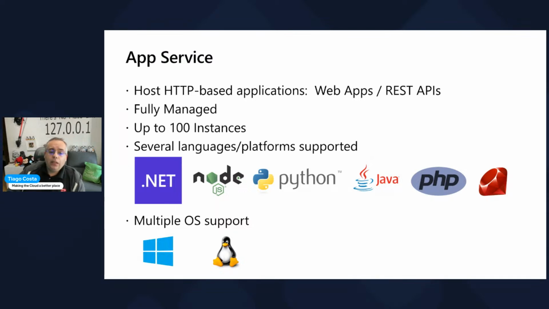So this is not something that Microsoft built only to run .NET. No, if you have Node, it runs Python, it runs Java, PHP, Ruby. All of this is supported, and it also supports multiple operating systems. For example, Windows and Linux, and even some of those platforms that you see there, like Python and PHP, only run on Linux.